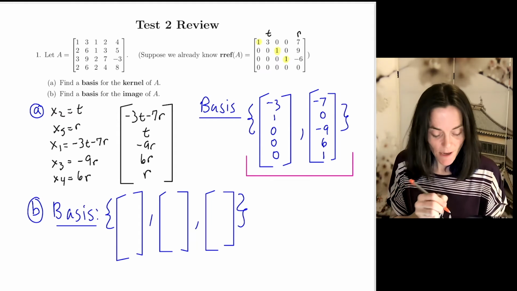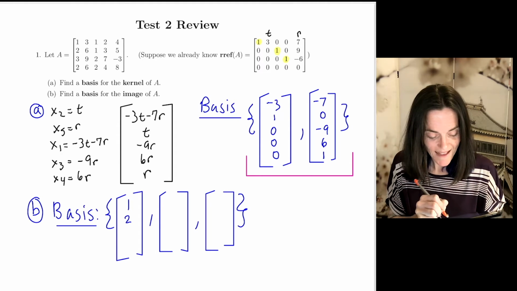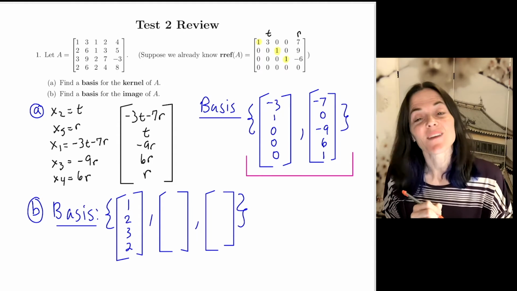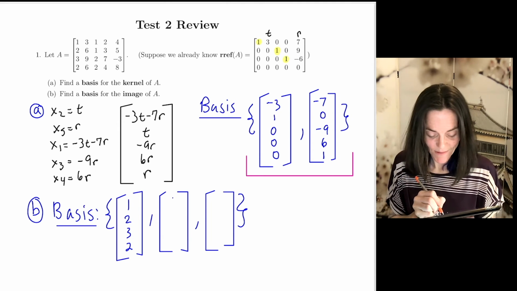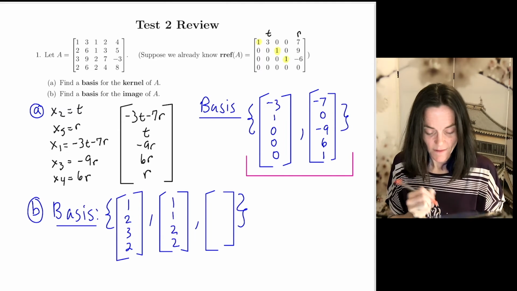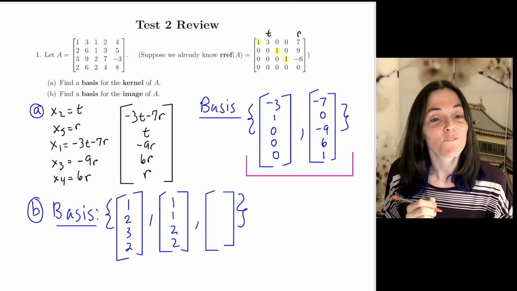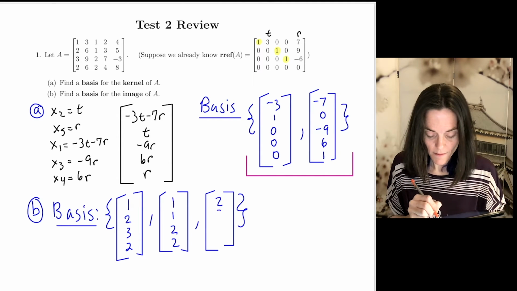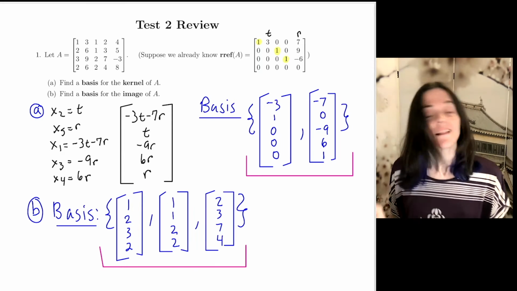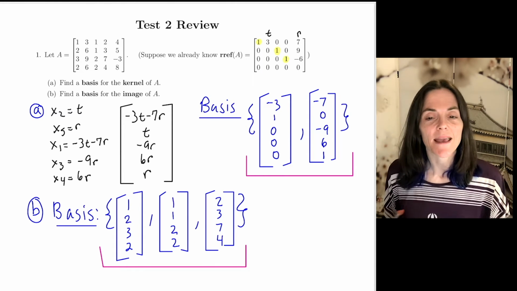We use the first column, which is 1, 2, 3, 2. We use the third column, which is 1, 1, 2, 2. And we also use the fourth column, 2, 3, 7, 4. This is my basis for the image of A.